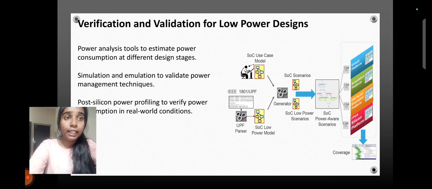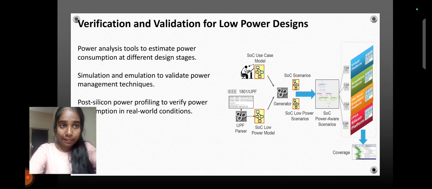In the generator, the SOC scenarios and SOC low power scenarios are submitted to the SOC power aware scenarios, which are then converted to four topologies: the virtual platform, the simulation platform, the HW emulation platform, and the FPGA silicon platform, which are all together submitted to the coverage.